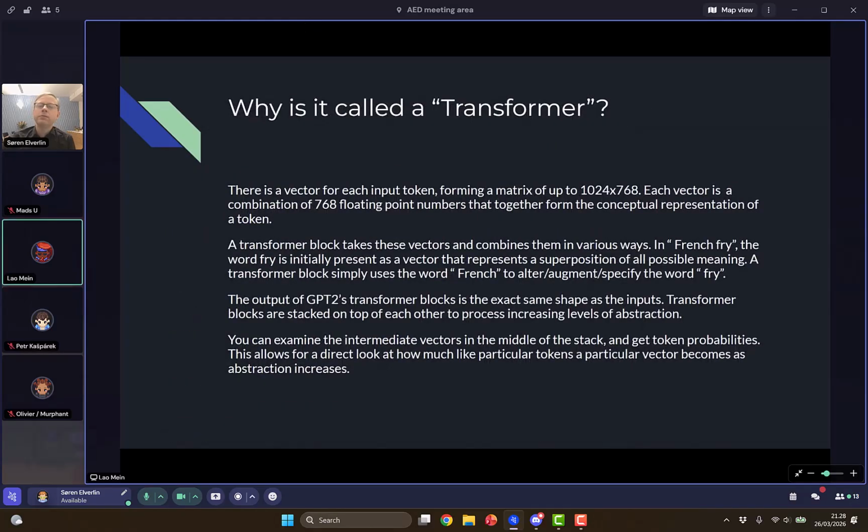Why is it called a transformer? Well, it transforms inputs by giving them context from surrounding words, tokens, whatever. I think that's basically what it means. My French fry example: there are different types of fries.